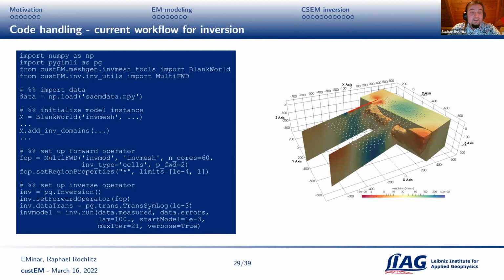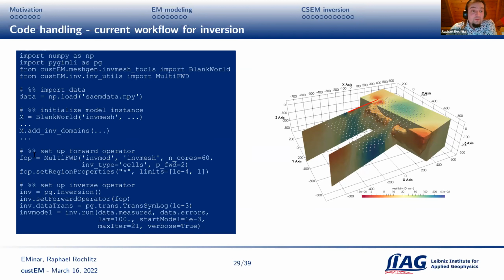After that, we set up our forward operator. So I designed this multi-forward modeling class, which uses parallel custom forward modelings at the same time for the different frequencies. So if we have 10 frequencies, we can calculate all these frequencies at once with this multi-forward modeling class.